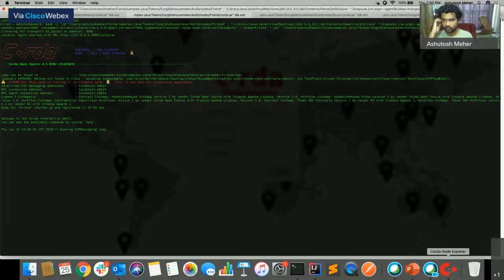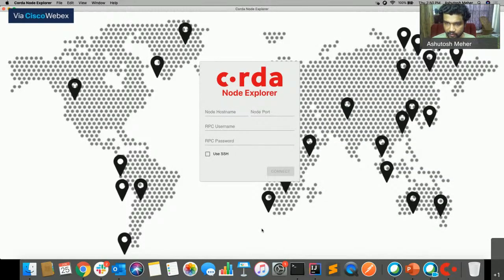All right, the Node Explorer is up. Don't worry about the fonts on here because I'm not going to show much here. Just remember what the nodes are. We have the buyer, seller, and a friend, and obviously a notary, which we will not be talking about much in this one.